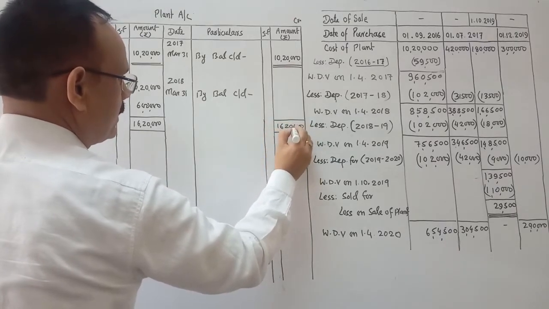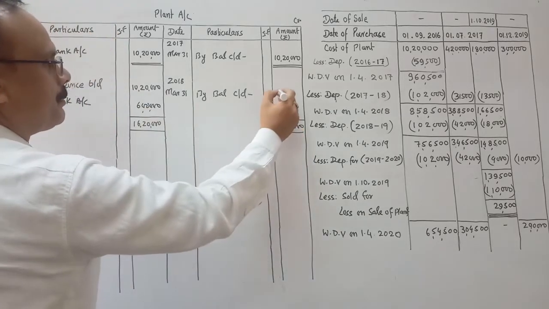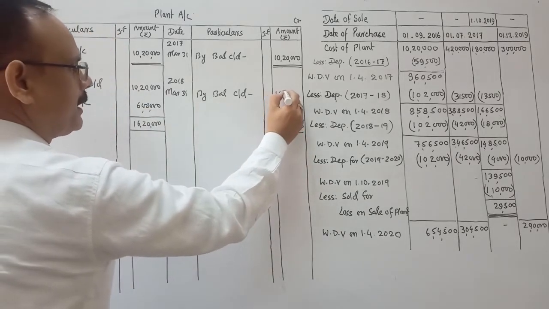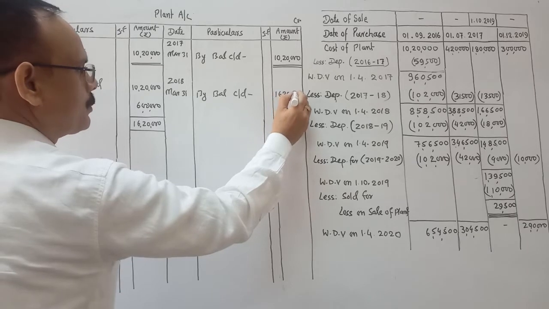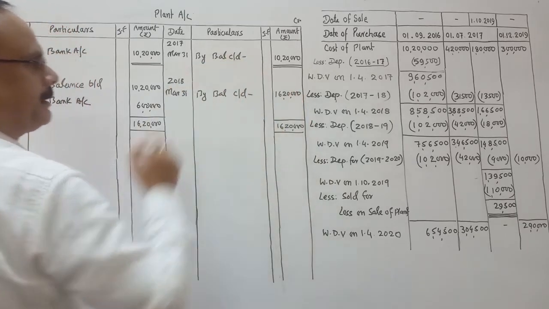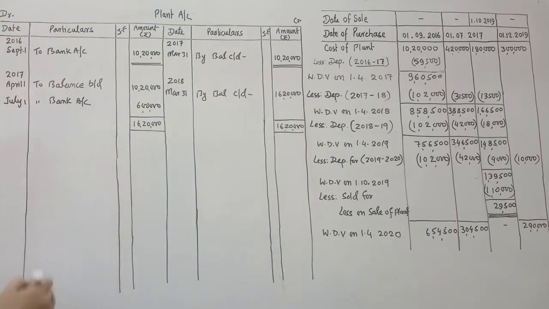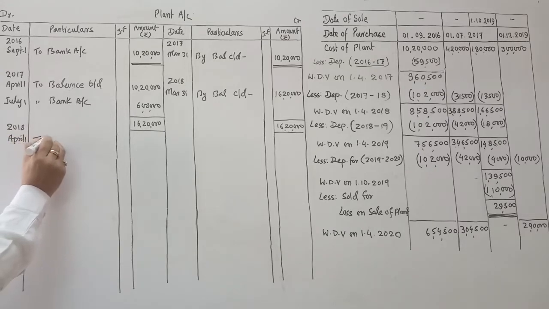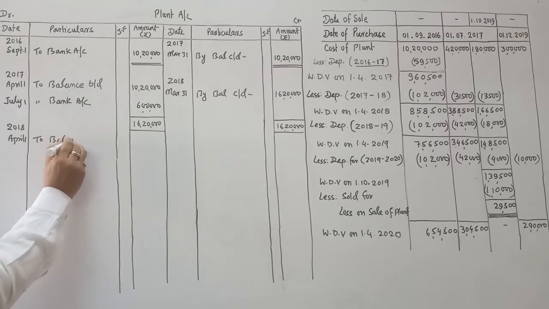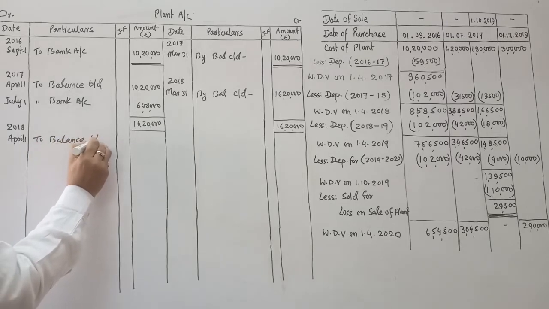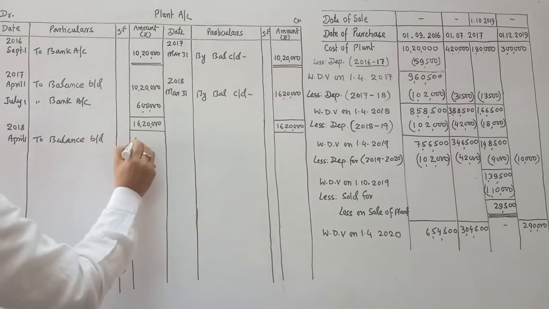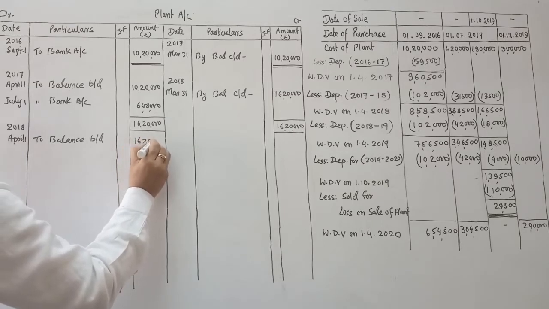Thereafter, the balance we will find out. There is no figure on the credit side, so this amount will be the balance itself. So the balance is 16,20,000. This balance will be brought down on the first day of the next financial year, April 1st, to balance brought down 16,20,000.